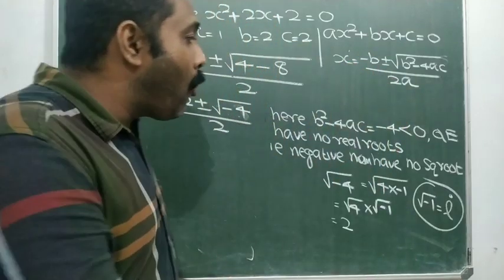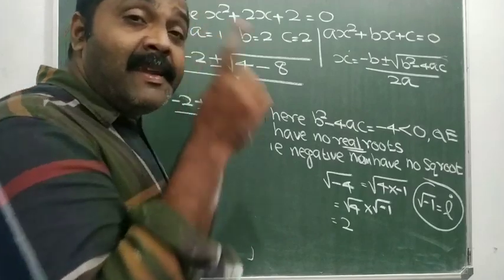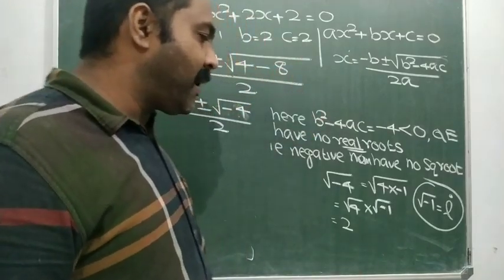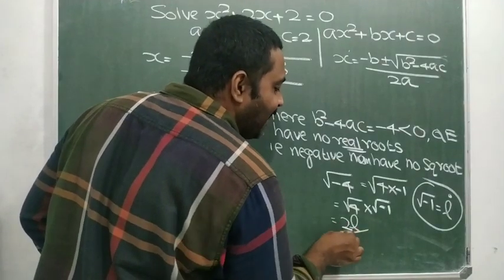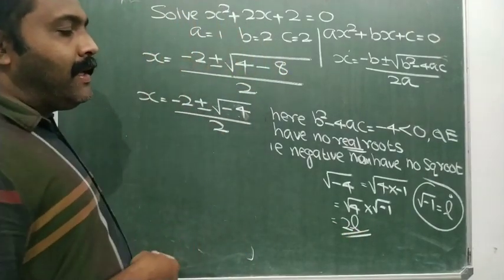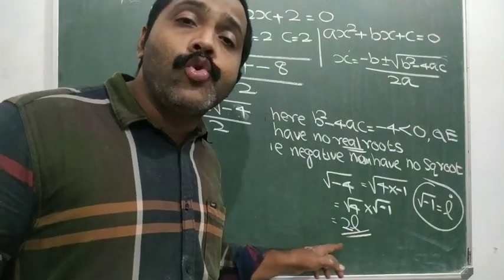That is not a real number. That is an imaginary number denoted by I. That will be root -4 is equal to 2I.